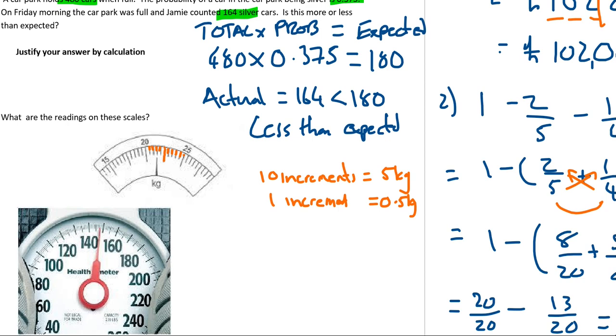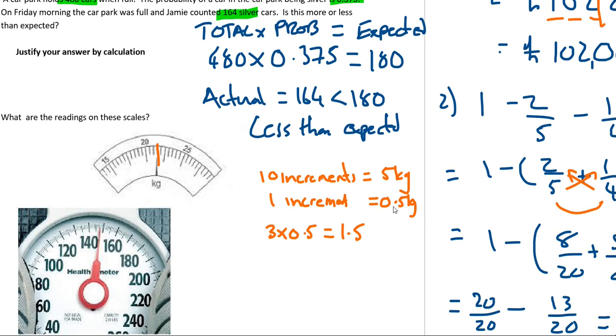Then you've got to decide where is your pointer pointing. It seems to be pointing to this one here. So that's 1, 2, 3 increments in. So if that's 3 increments in, that's 3 times 0.5. So 3 times 0.5 is equal to 1.5.